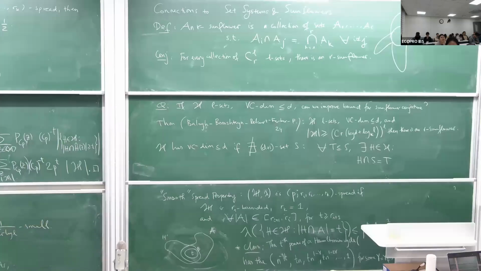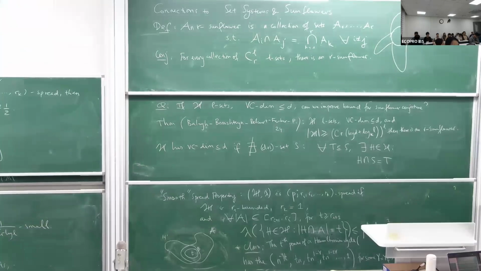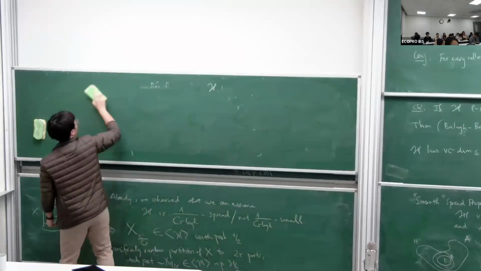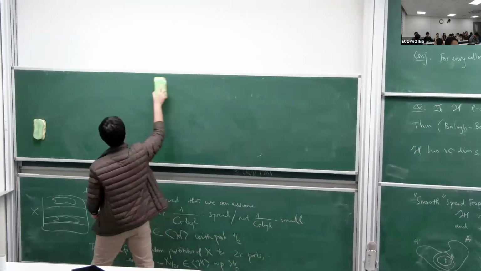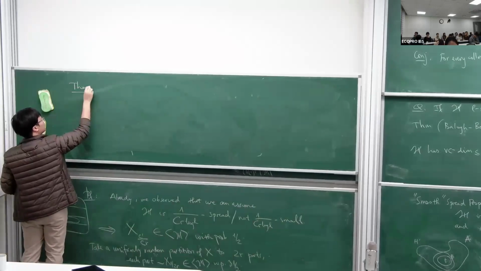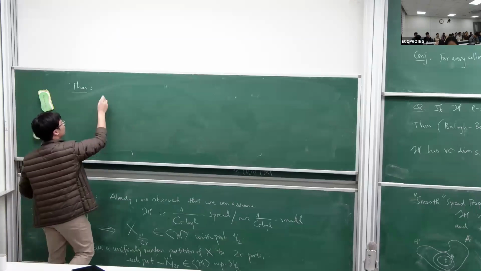And again, in order to get bounds for sunflowers, we only need to work in the corresponding spread, not small context. So as you are by now familiar with this, the main step would be to prove the following.